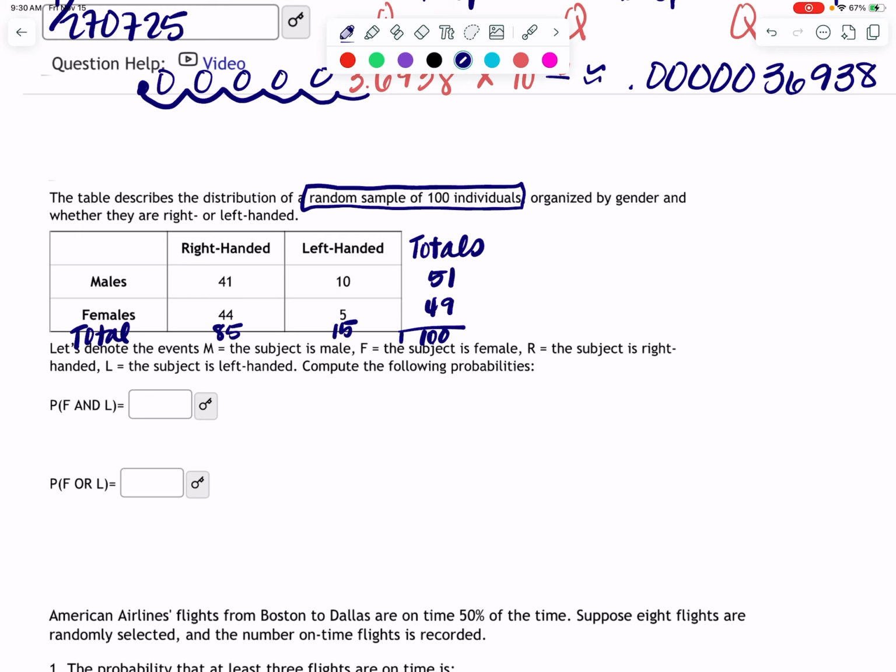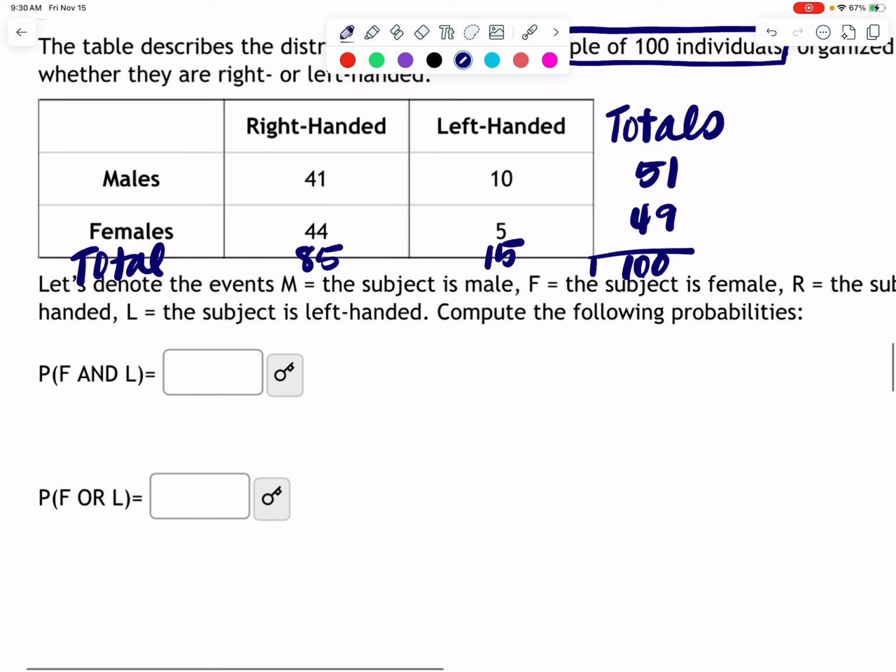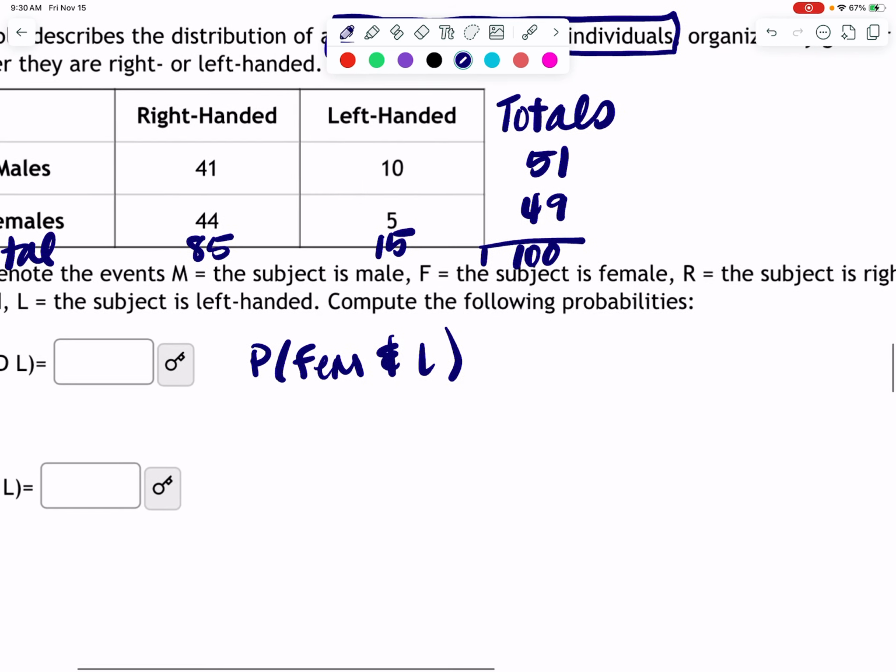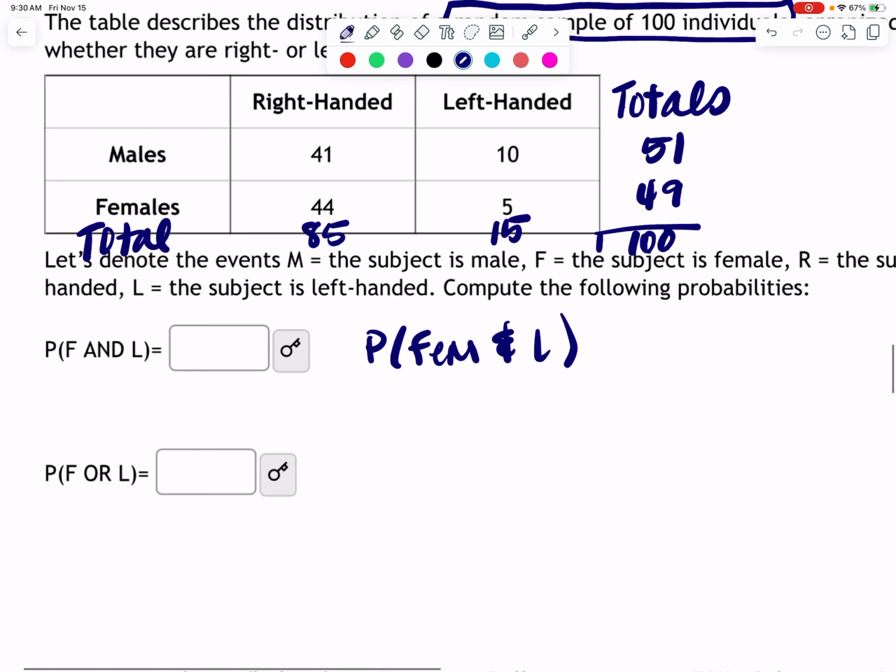We want the probability of female and left-handed. So when I go to my contingency table, females are that row.